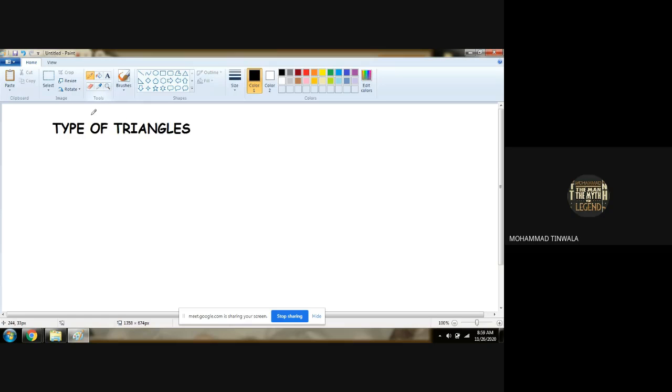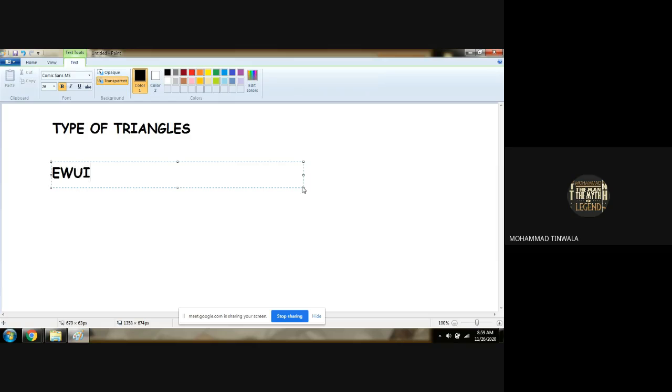There are many types of triangle, but over here we have to study two types of triangles only. What are the two types? The two types are equilateral triangle and isosceles triangle. Very good. Equilateral triangle.